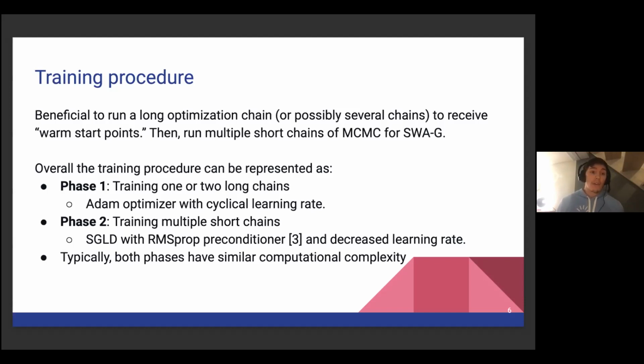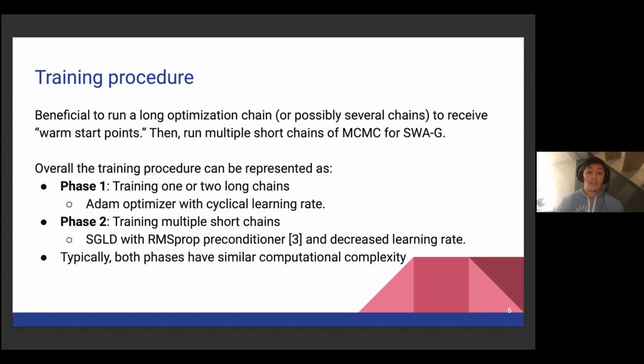And when this first optimization phase is finished, we typically run one optimization chain, or at most two, because it's quite expensive. We run the second sort of optimization phase. Why sort of optimization phase? Because we don't really aim here to reach the local optimum, but rather we want to explore.